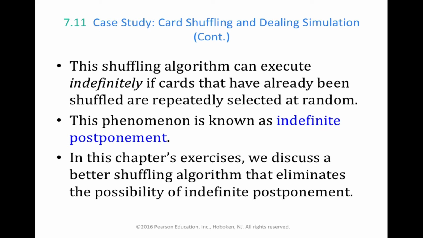So you were constantly asking for an answer, never receiving the correct answer, and your program never ended. This is the same thing, and this phenomenon is called indefinite postponement. We are going to discuss a better shuffling algorithm that eliminates the possibility of indefinite postponement, and that's just something to keep in mind in the future.